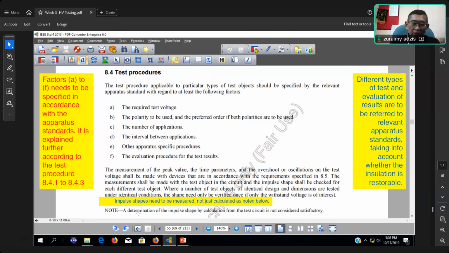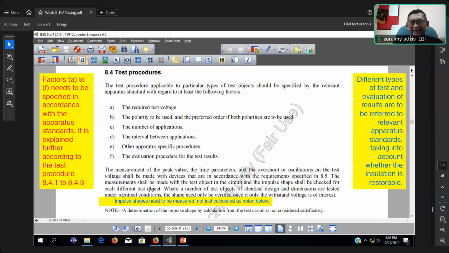No, you do the calculation first, you set up the test, then you measure the waveform shape, then you can only say, yes, this is the waveform that we produce, not just by calculating like what you did in class. With that done, this is just the test procedures in general.